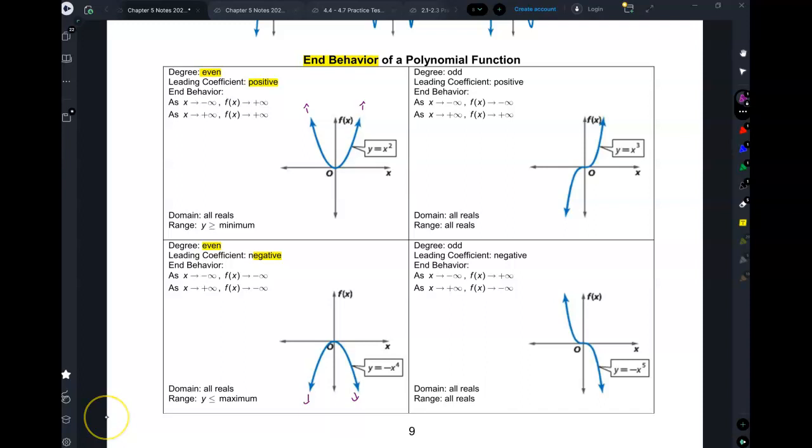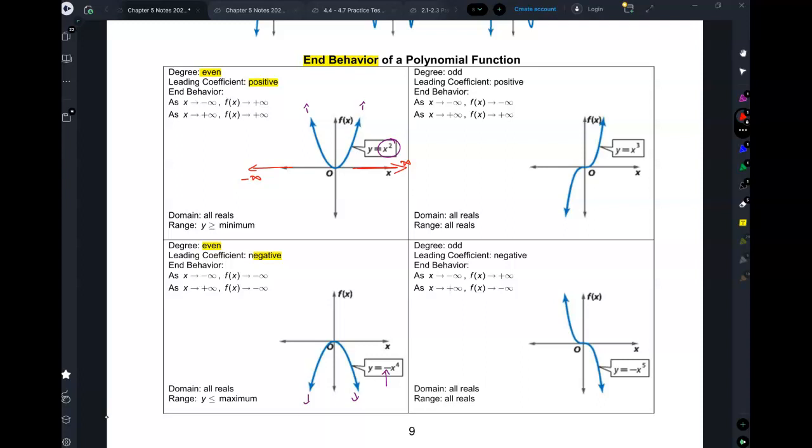So for example, look at this. You have x squared. It's positive x squared. Both ends go up. If it's negative x to the fourth, right, even exponent but negative, both ends will go down. So the way we write the end behavior is this. When I go over this way, x approaches positive infinity. When I go over this way, x approaches negative infinity.